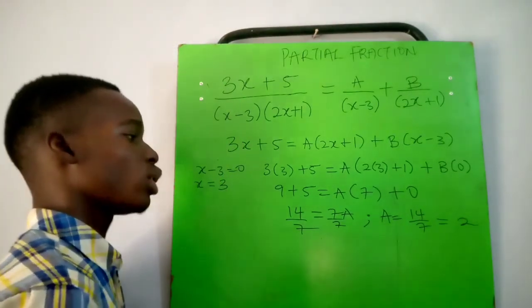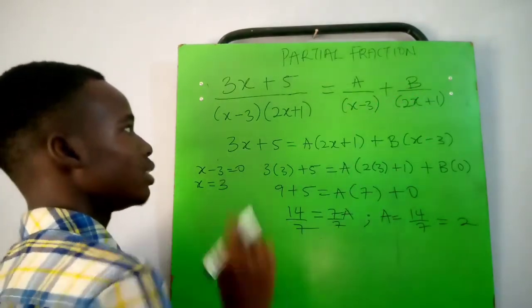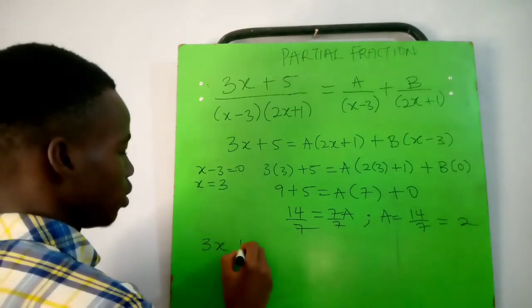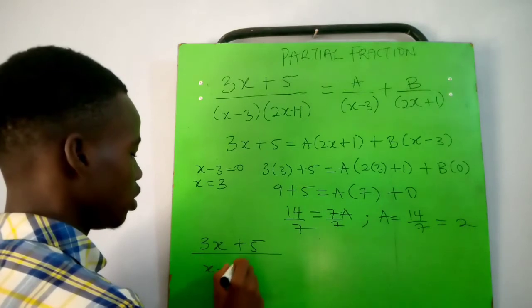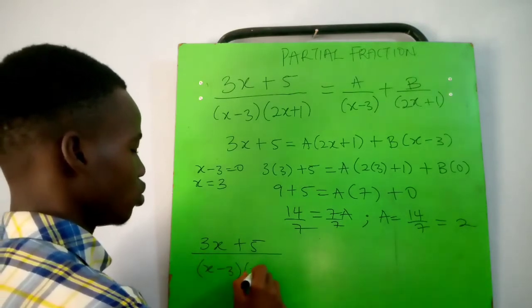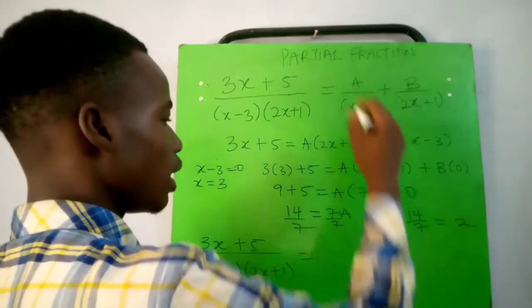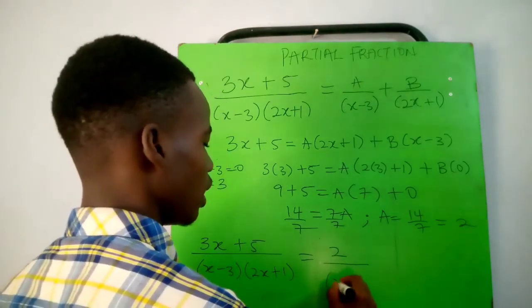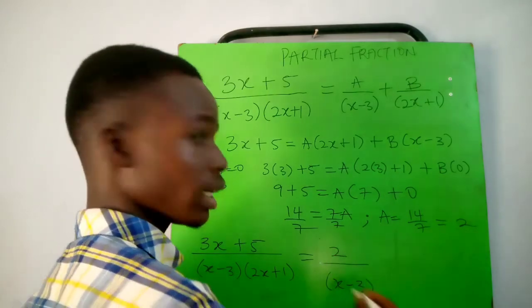So now we have gotten the value of A and B. We have to substitute it so that it can look like this. We can write 3x plus 5 over (x minus 3)(2x plus 1) is equal to A over x minus 3, and A is 2, so 2 over x minus 3, minus 1 from what we have calculated earlier.